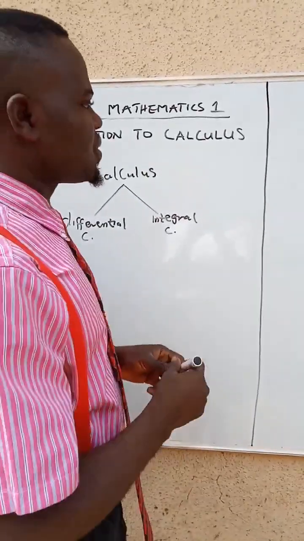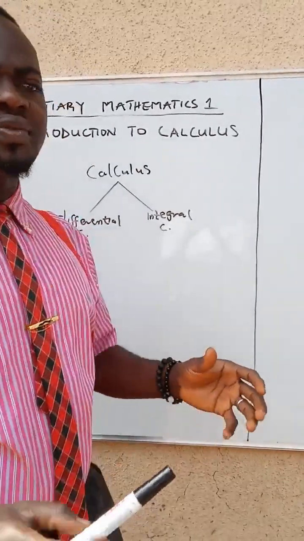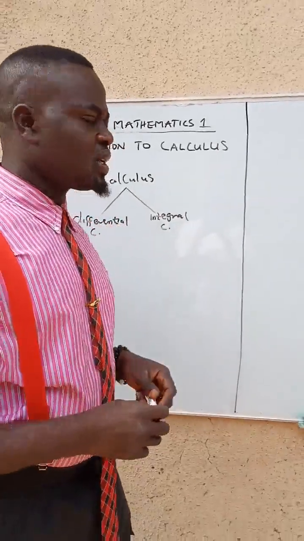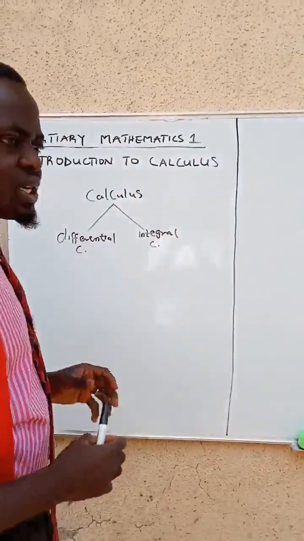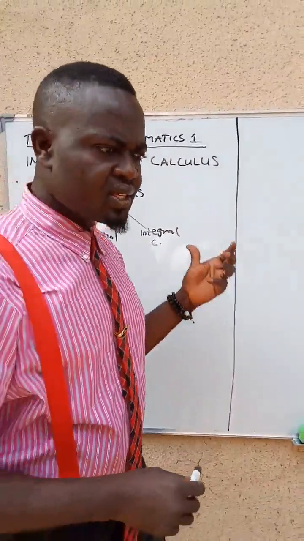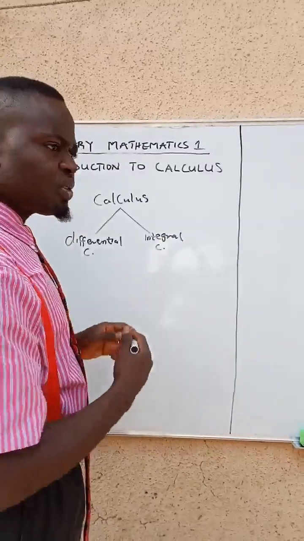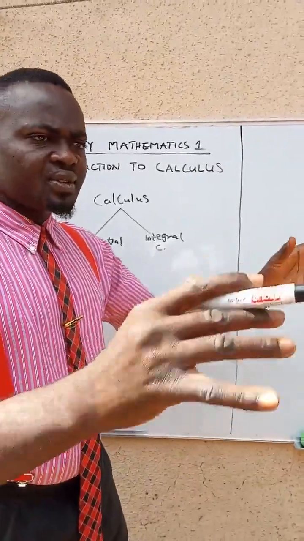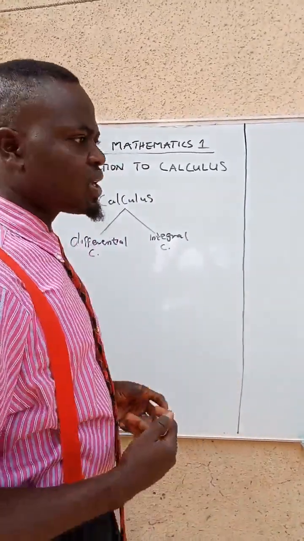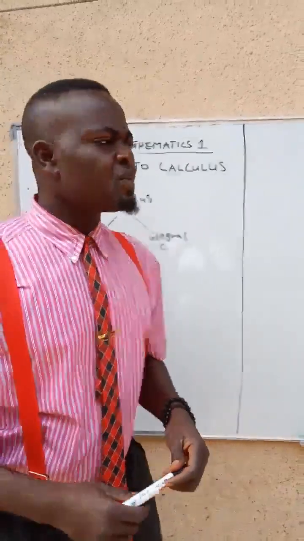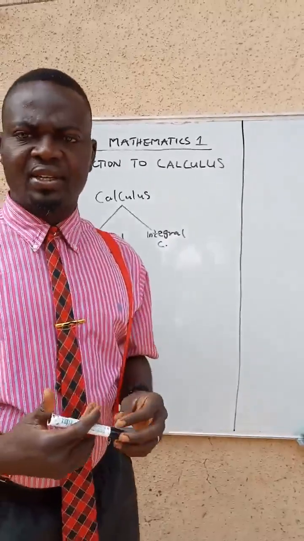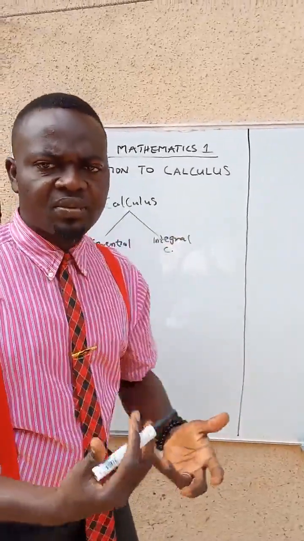We'll have what we call trigonometry, that is the study of triangles; geometry, the study of shapes; and algebra, the study of generalizations of arithmetic operations or the study of symbols. So we want to start with the trigonometrical identities for you to understand the concept of calculus.